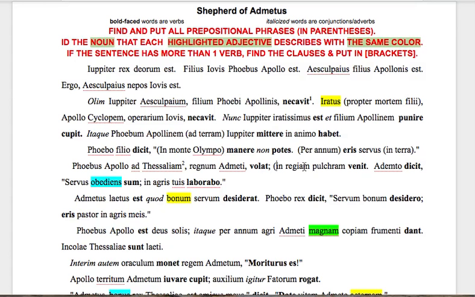Regiam is in the accusative case. Pulchram also has an accusative ending, and then it's followed by a verb. So 2 items in the accusative case, that's where my prepositional phrase ends. This, of course, is an adjective that is describing regiam. In, when it's followed by the accusative, means into, so this prepositional phrase is translated as into the beautiful palace.